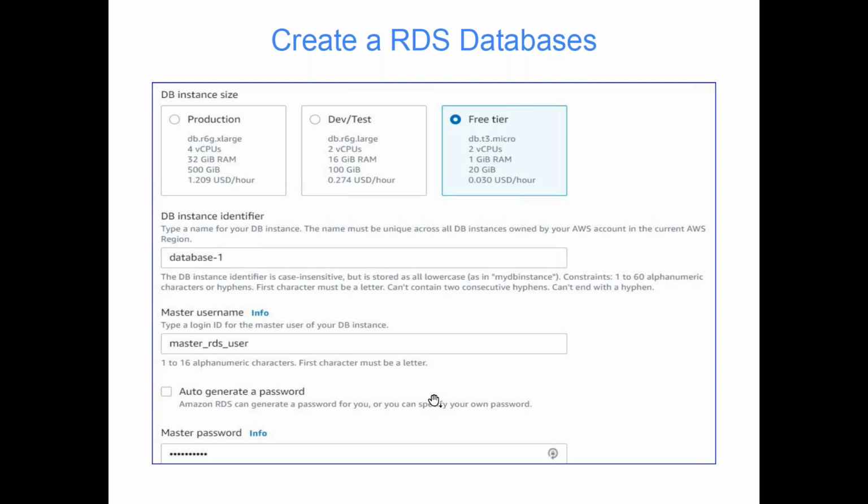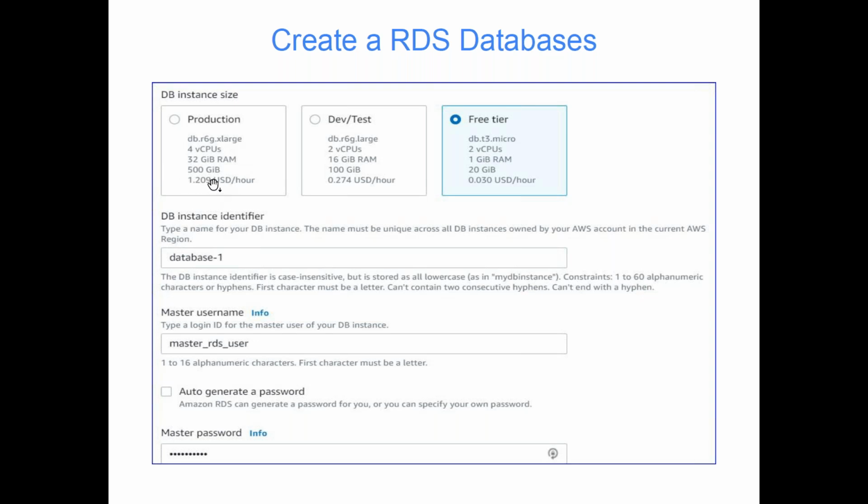You can see the DB instance size. Is it a production level server you need? Then this would be the configuration, db.r6g.xlarge. Every instance, whether it is a compute instance, EC2 or anything, has a type. The type decides how much storage, how much memory, how much CPU, and all that stuff.